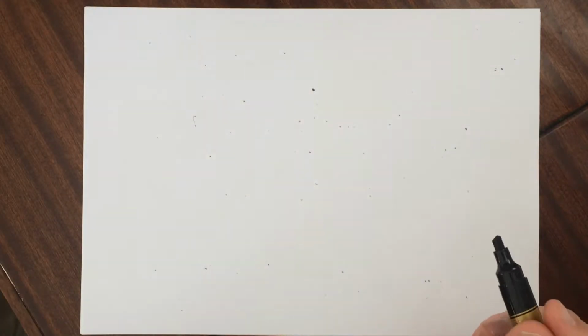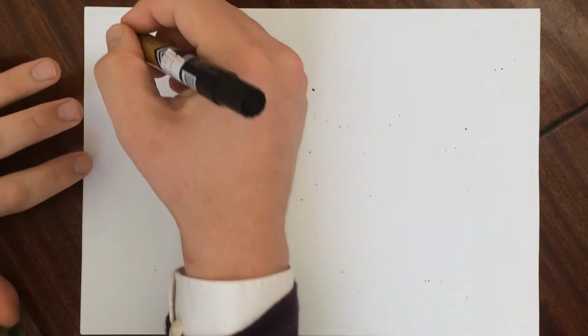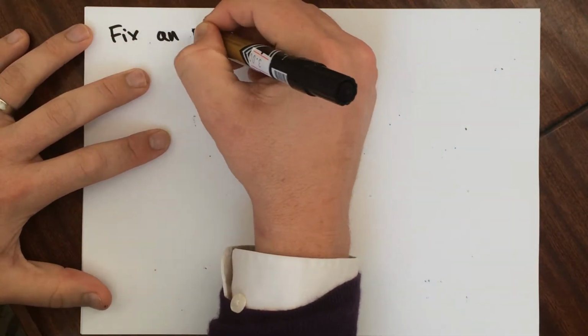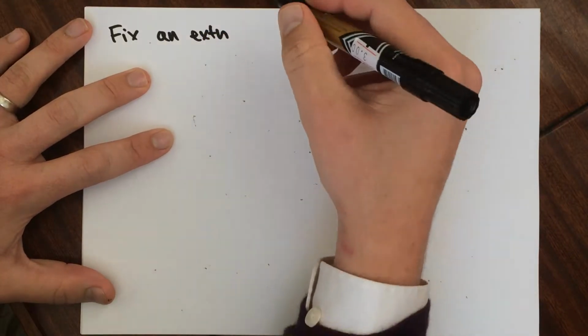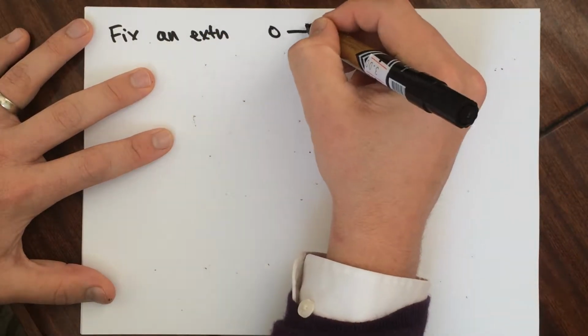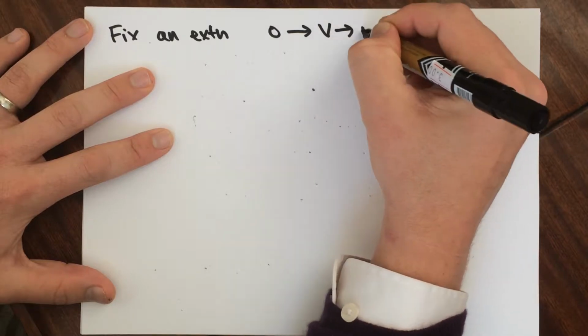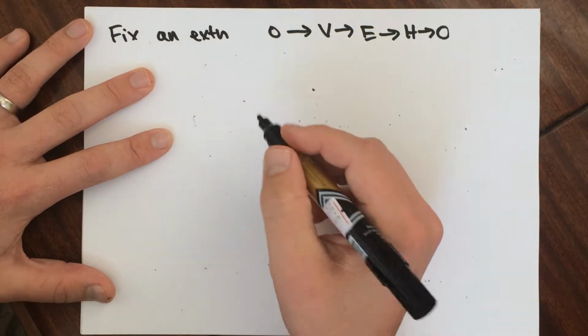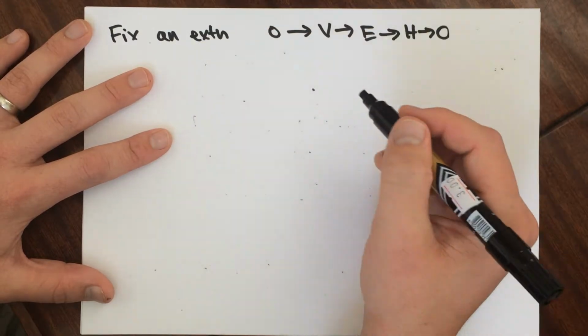So what we're going to do is first take an extension. So fix an extension, 0 to V to E to H to 0. We maybe view this as an infinite complex. I'm not going to write the other parts out.